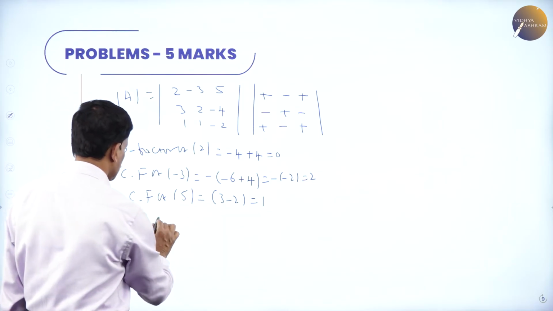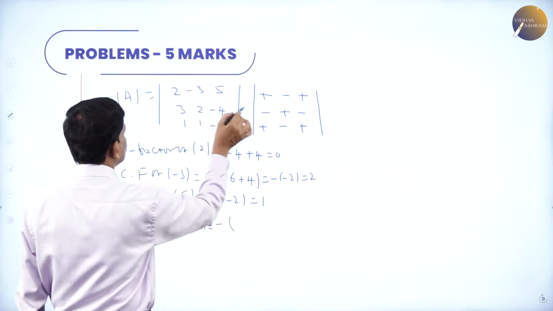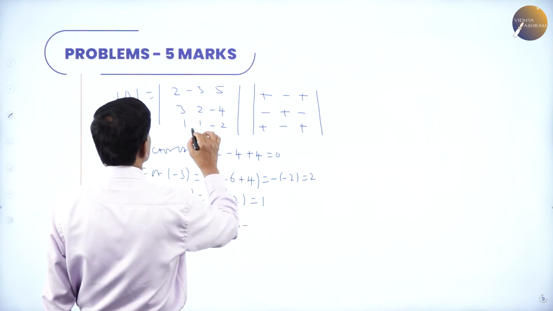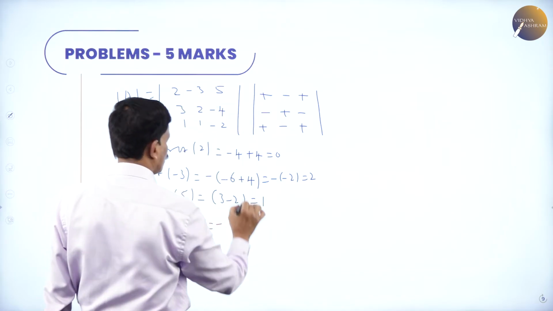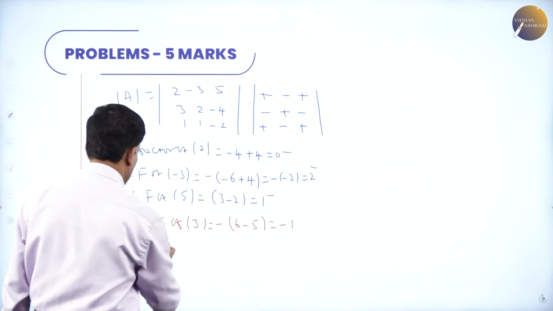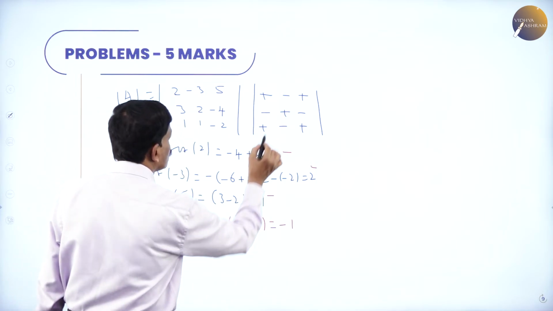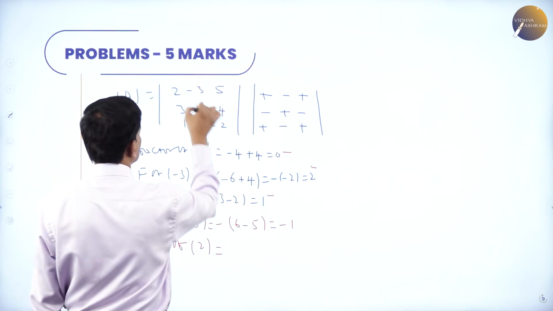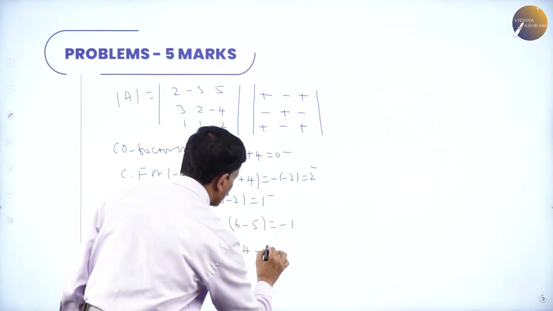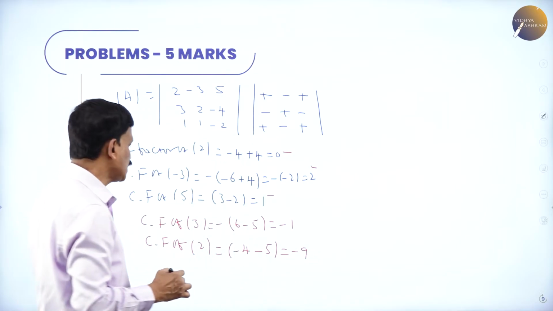Second row. For the second row, let us write the cofactors. Cofactor of 3 is equal to, sign is negative, this row and column is gone, 3 twos are 6, minus into minus plus, again this row and column is gone, 1 five is 5. So, this is minus 1. The cofactor of the next element, cofactor of 2, is equal to plus, this row and column is gone, 2 twos are 4, minus 4, minus 5, minus 4 minus 5 is minus 9.